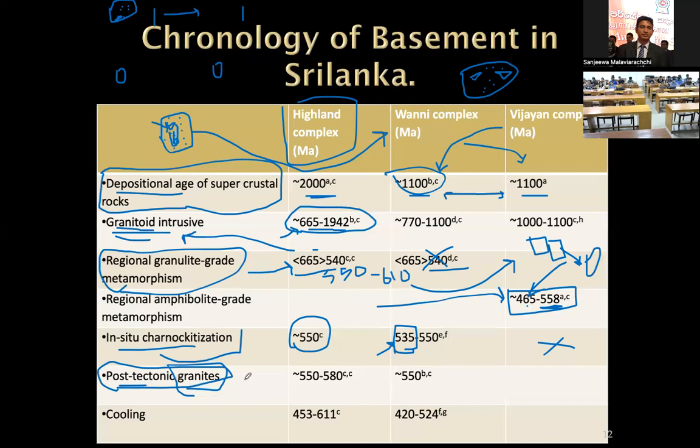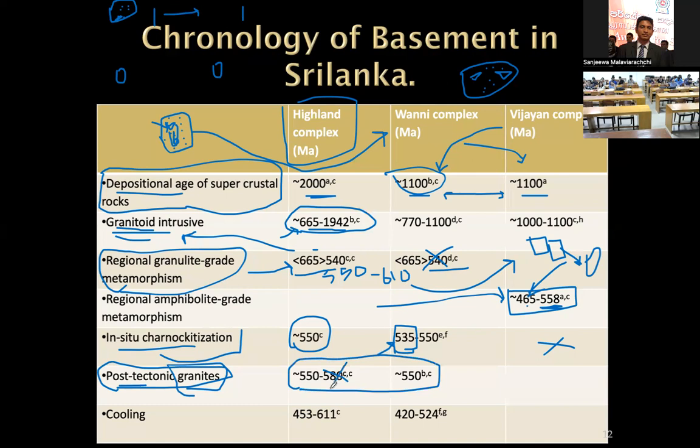The best example is the Thonigala granite, right? And also the Arangala granite in southern Sri Lanka is a similar type of post-tectonic granite. Some of their ages have been given as almost the metamorphic time, but I'm not sure about this 580.